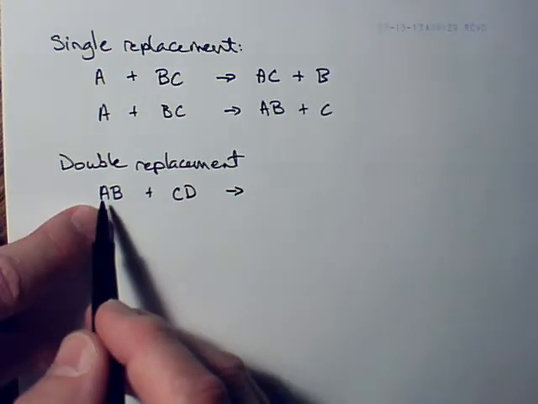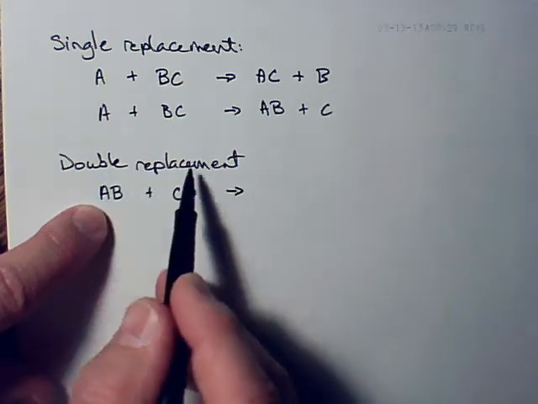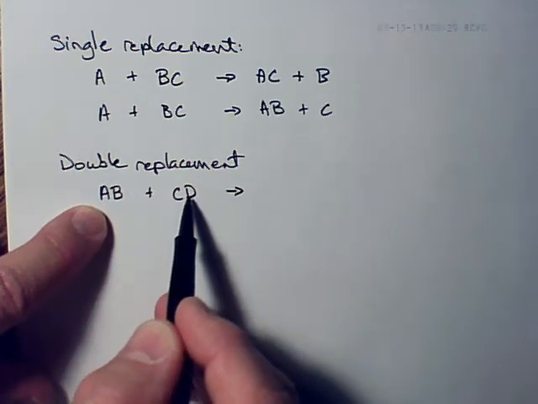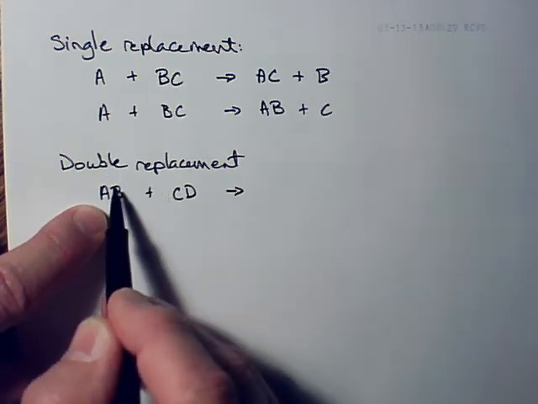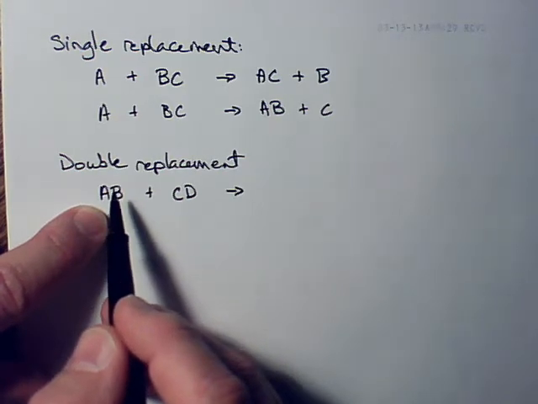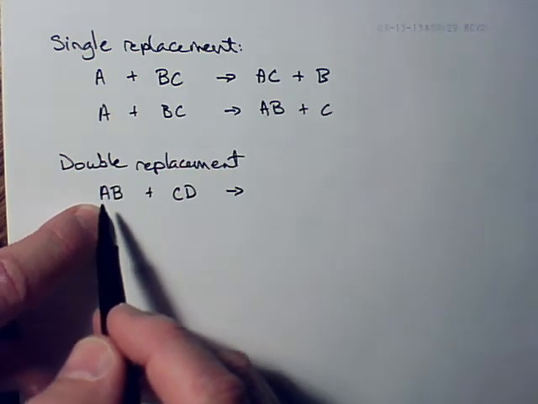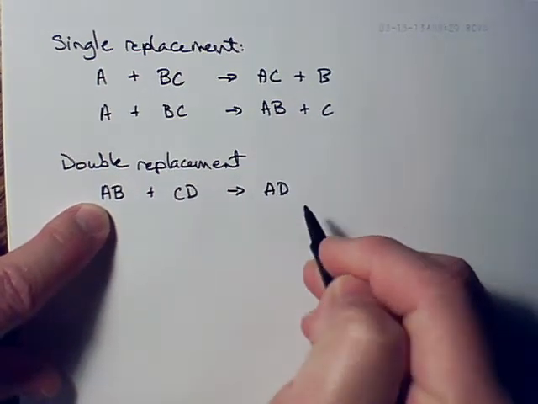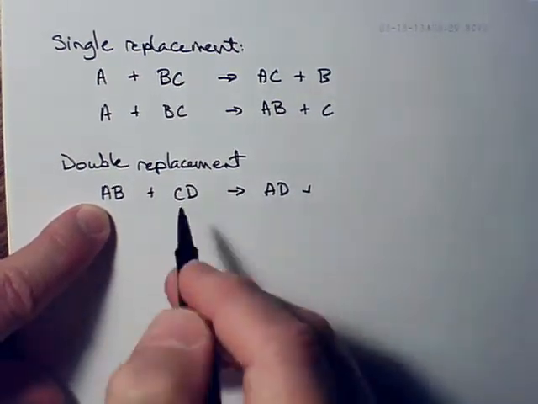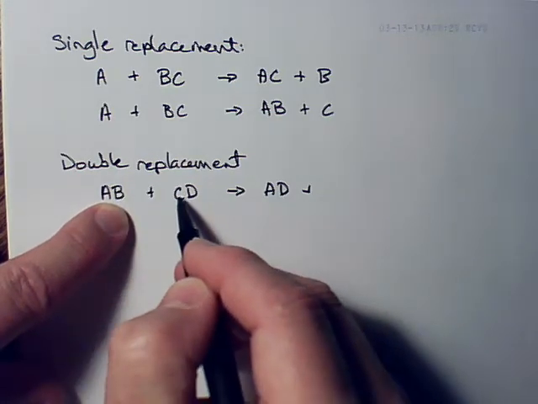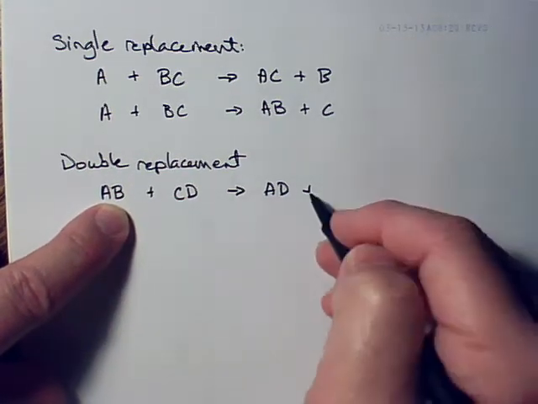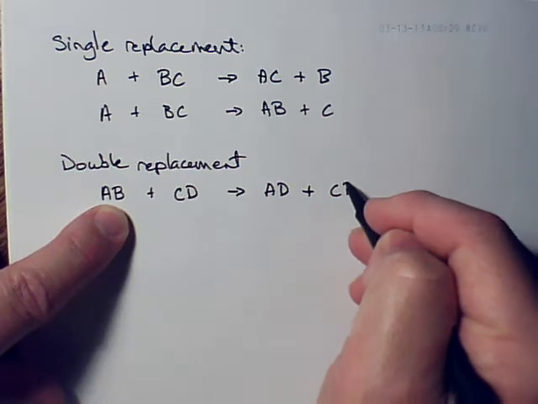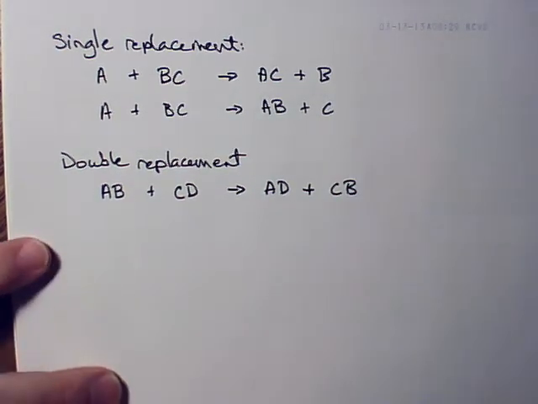And in double replacement, the front part of this compound joins up with the back of this one. And the front part of this joins up with the back of that one. And the front parts always stay in the front. So A is going to join with D, and A is going to be in front because the front parts stay the front parts. C is going to join with B. C will be in the front because the front parts always stay in the front. Okay, so that's double replacement.